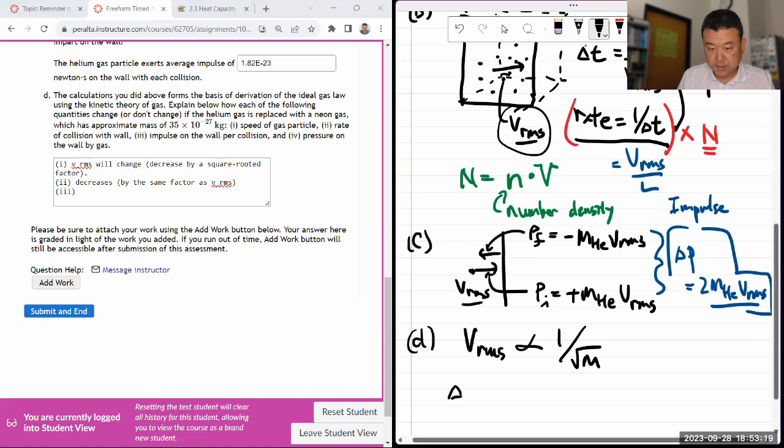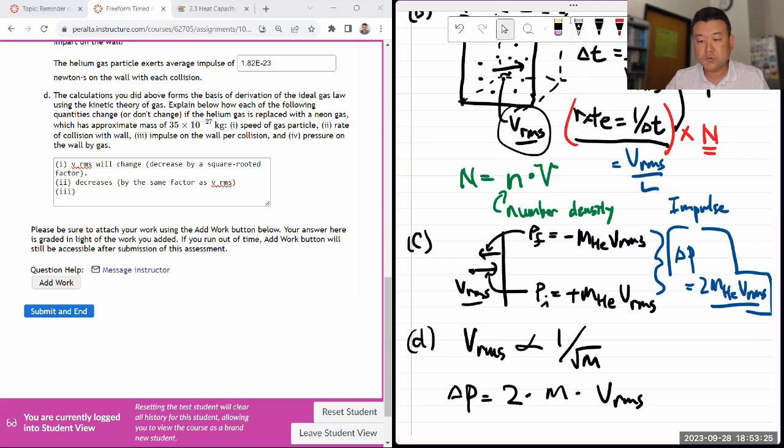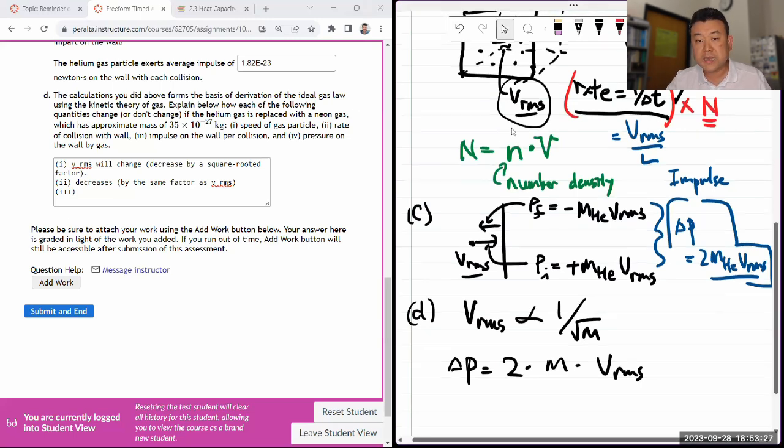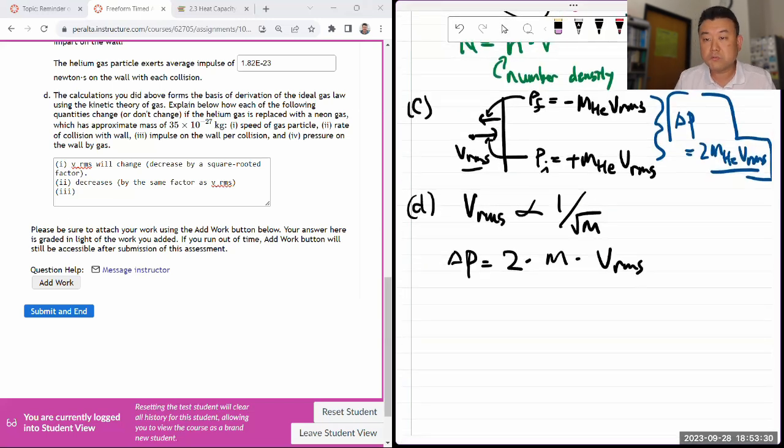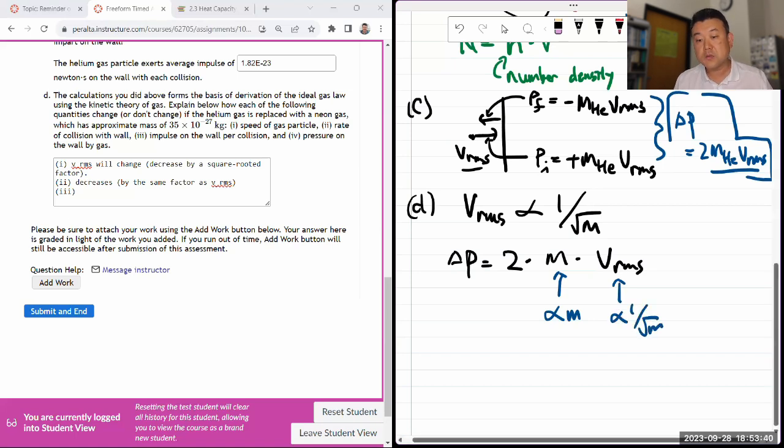So when you look at delta P equal to 2 times mass times VRMS, you have to do a bit of what we call a scaling argument. You recognize that this is linear with m, it's proportional to m. This is VRMS, it's proportional to, again, 1 over square root of m. So when you do a scaling argument, you are multiplying this factor with this factor. So the overall factor is square root of m.